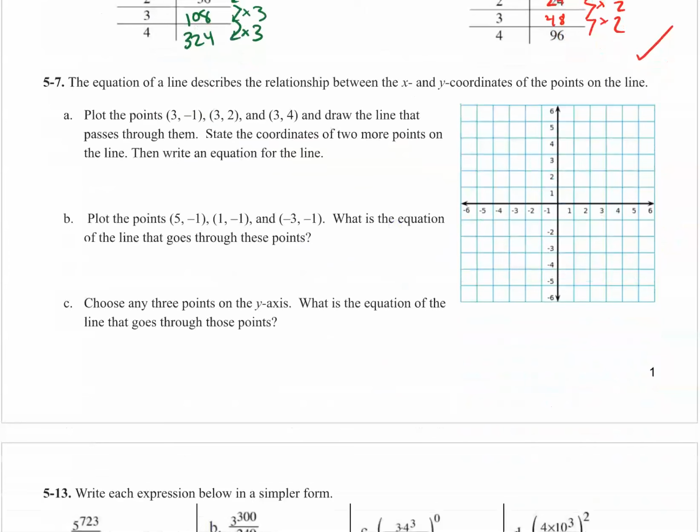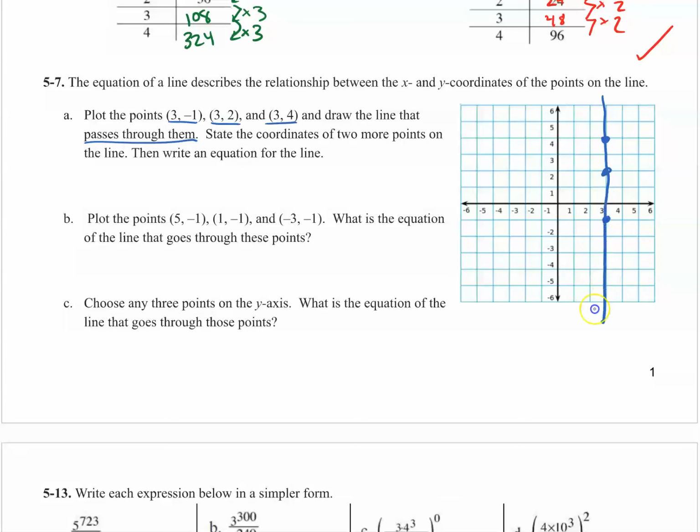5-7. The equation of a line describes the relationship between the coordinates of the points on the line. So we're supposed to plot these 3 points and draw the line that passes through them. It's (3, -1), (3, 2), and (3, 4). Now we draw the line that passes through them.